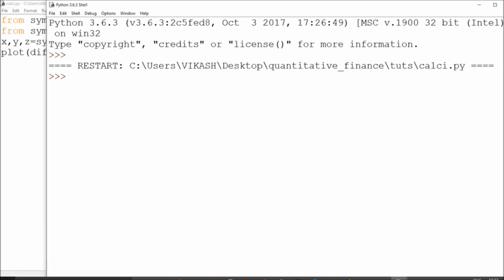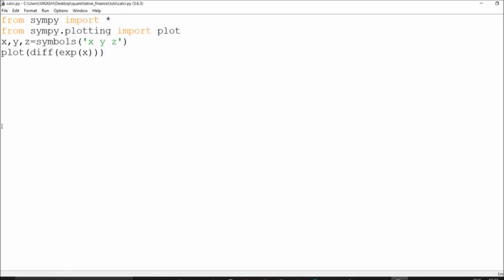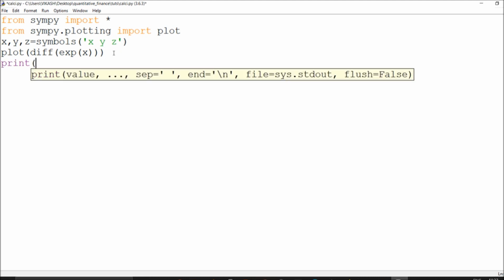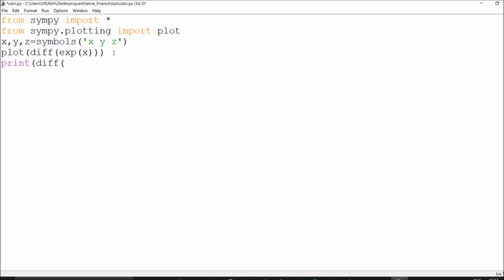One more thing we go with is to differentiate the log x. If we print the log x, it will retain the same, but in differentiation we will definitely get something else.